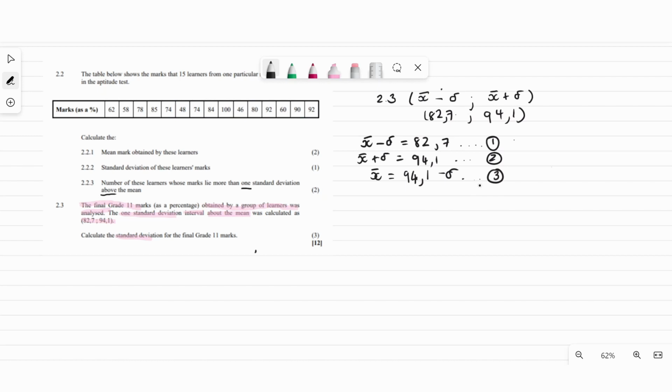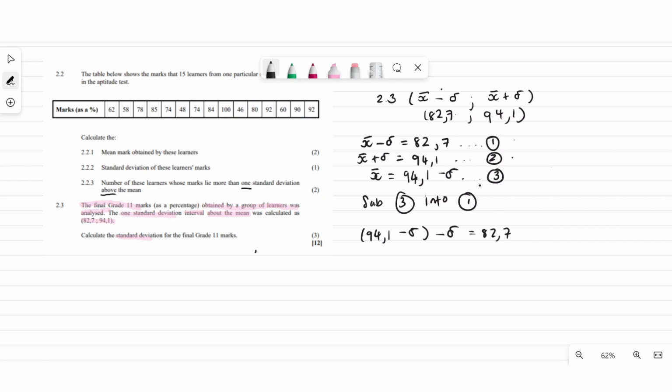Since I changed equation 2, I'm going to substitute equation 3 into equation 1. Wherever I see x bar, I substitute this, so it's going to be 94.1 minus the standard deviation, minus the standard deviation, is equal to 82.7.